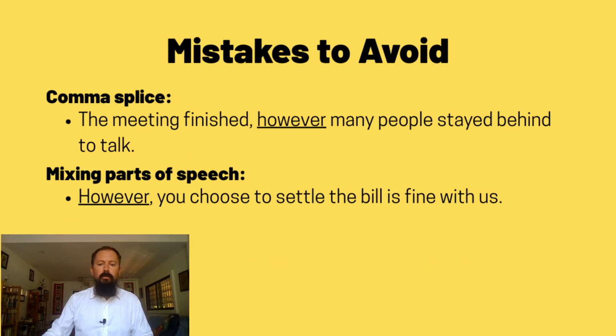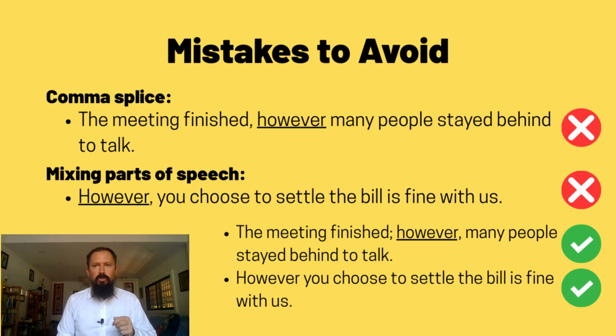We can see that is one of the two big mistakes we should avoid. The first one is a comma splice. I've talked about this a lot. I've probably made a video, and I've definitely got lots of articles on my website about comma splices. Basically, a comma splice is when you have a comma used to join two independent clauses.